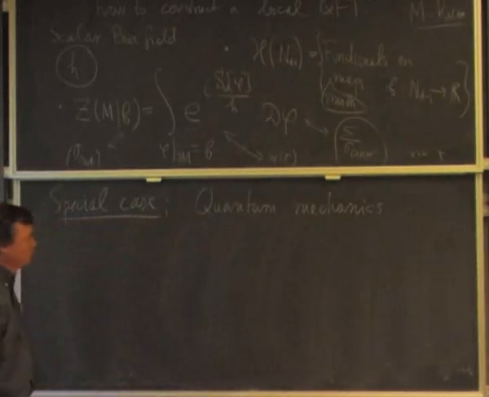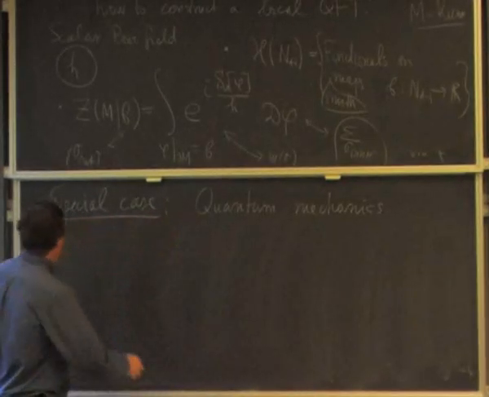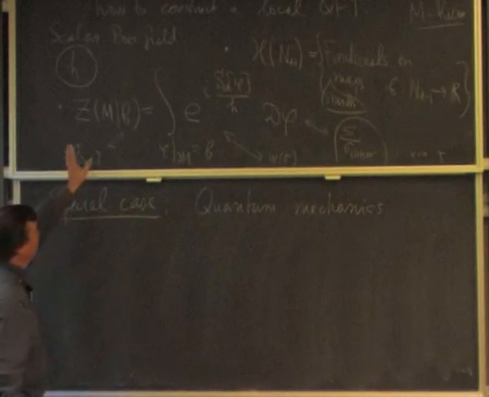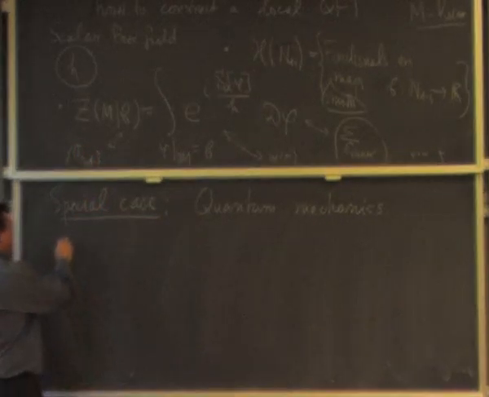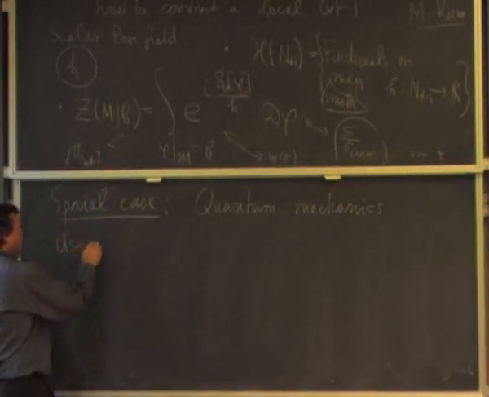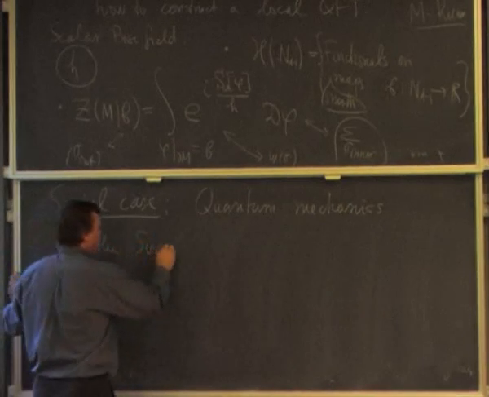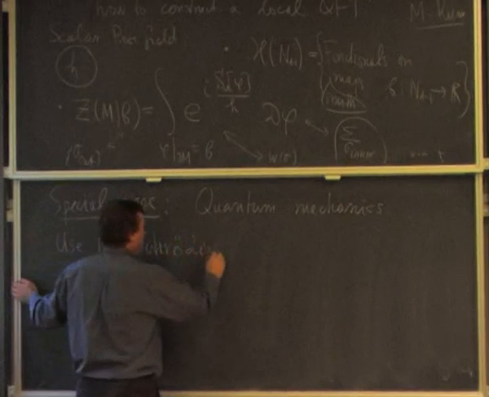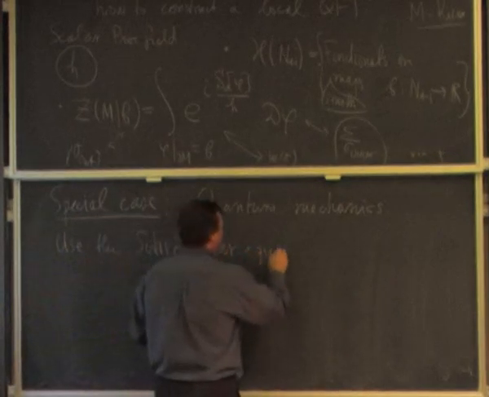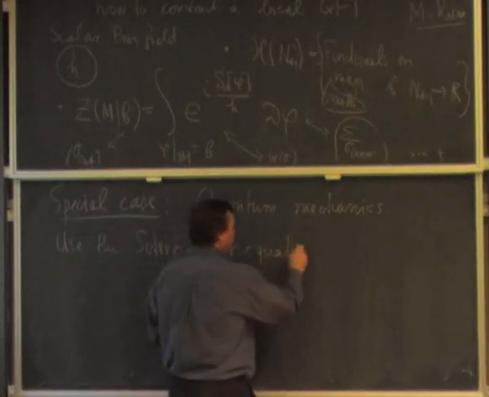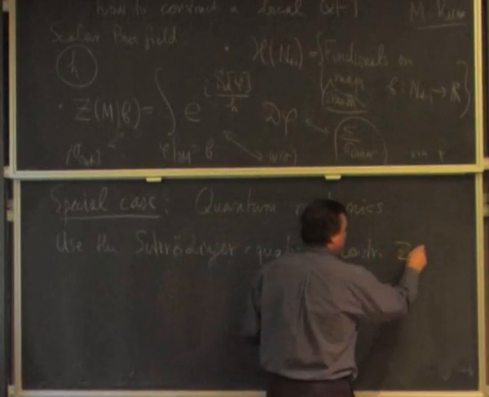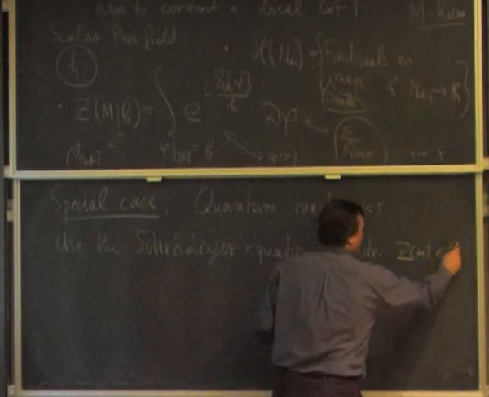In this case, we can get by without the path integral. We can use the Schrödinger equation to construct Z in h.